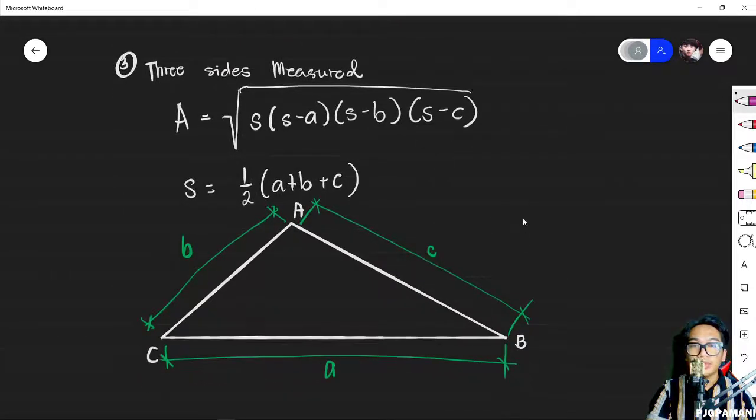Then the last one, or one of the most common types of triangle that you'll encounter in computing lot area, especially when it comes to three-sided polygons and survey data.